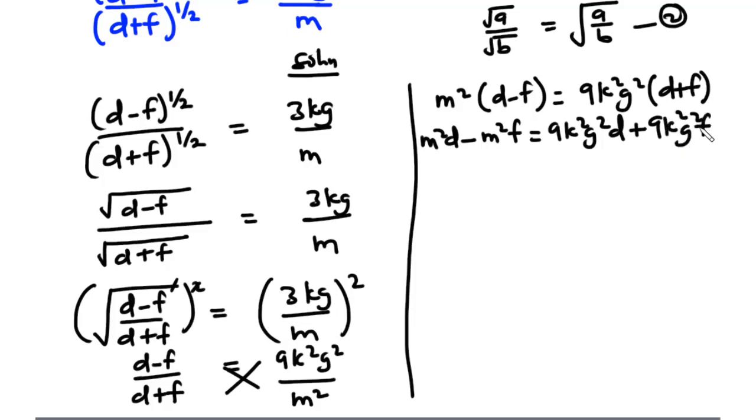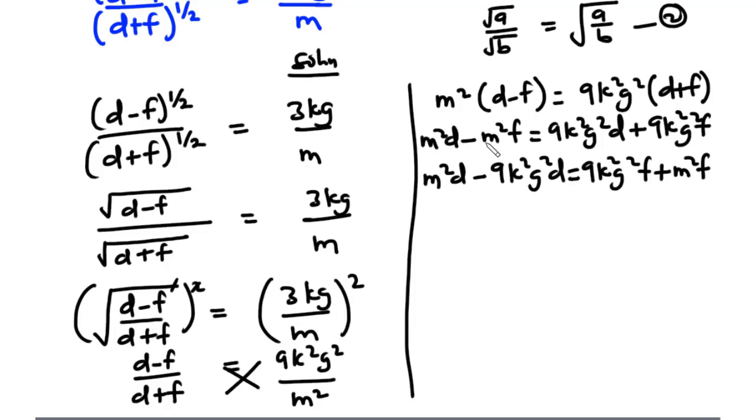Now since we want to make d the subject, let's group the terms having d on one side and then the other variables on the other side. Now we have m squared d, so let's transpose 9k squared g squared d to the left hand side. So we have m squared d minus 9k squared g squared d equals, we have 9k squared g squared f plus m squared f. We are going to transpose negative m squared f to the right hand side. Now we can factor out d. So we have d into bracket m squared minus 9k squared g squared, and that is equal to, and then we can as well factor out f.